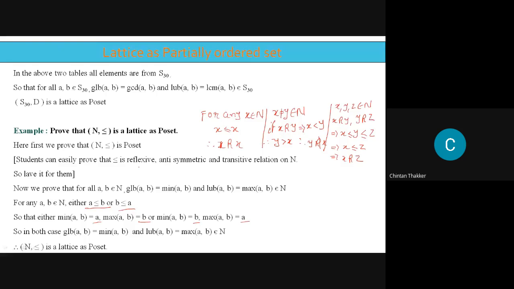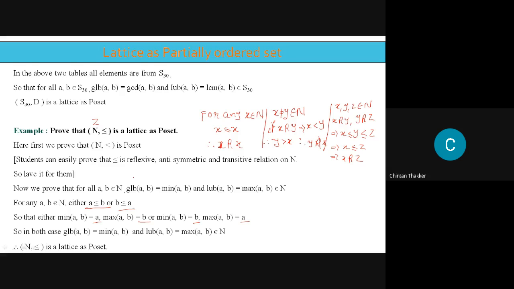See, if in an examination, in place of N here the Z is given, then also we have the same proof. Here you just have to replace N by Z, because for any two integers, you can write that A is less than or equal to B or B is less than or equal to A. So in place of N, if a Z is given, you have to prove it the same way.